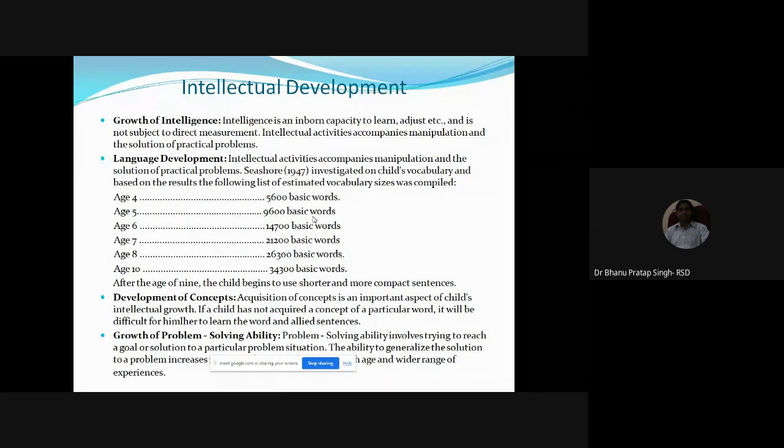intellectual activity accompanies manipulation and the solution of practical problems. Language development also takes place in intellectual development.